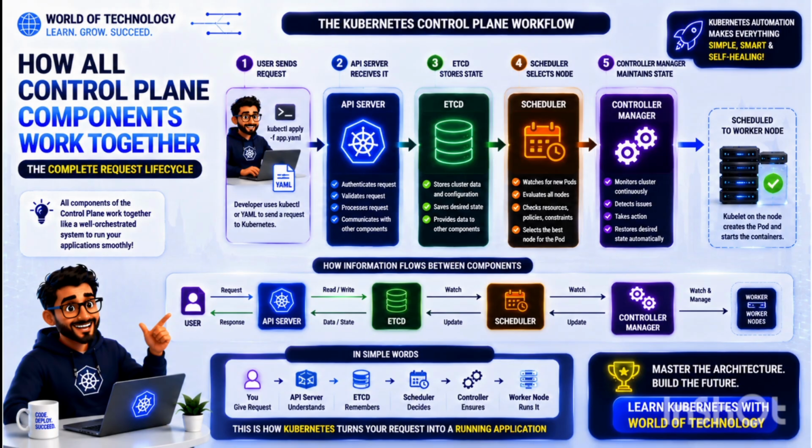Finally, the controller manager continuously monitors the cluster and ensures everything remains healthy. So the complete flow becomes user to API server to etcd, etcd to scheduler, scheduler to worker node, and worker node to controller monitoring. This entire process happens automatically, often in seconds, and this is the real magic of Kubernetes.